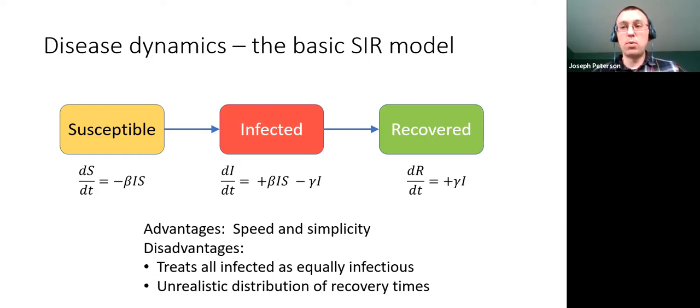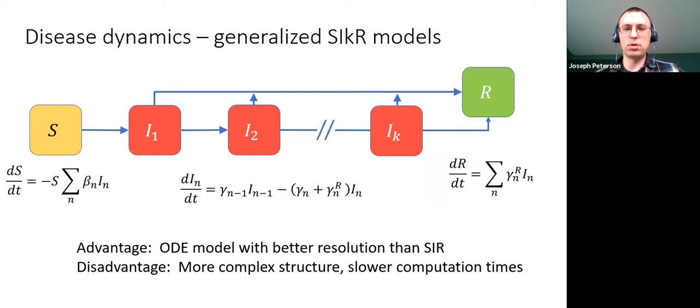Okay, so if you want to overcome those limitations, the first and perhaps simplest thing that you could do is to just extend this from one infected compartment to multiple infected compartments. And what that allows you to do is, for example, if you wanted to have that latent period at the beginning where you can be infected but not able to transmit the disease, you could say that in this first infected compartment, none of the infected people are infectious.